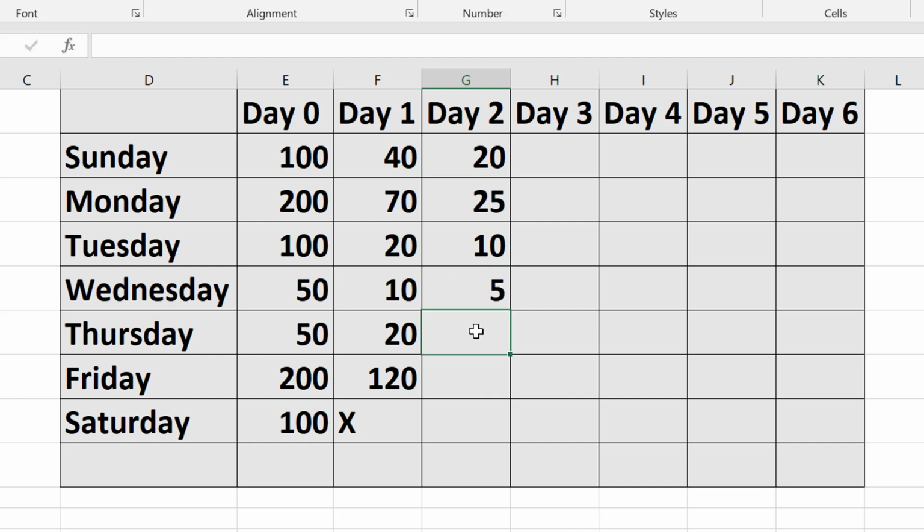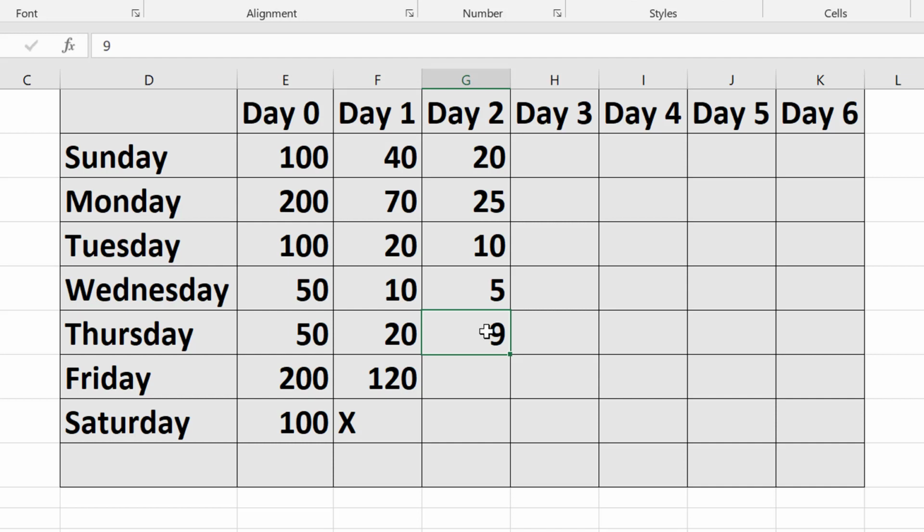And then on Thursday, let's say this number came down to 9. So Thursday we got 50 people, and then on Friday it came down to 20. On Saturday this number came down to 9.